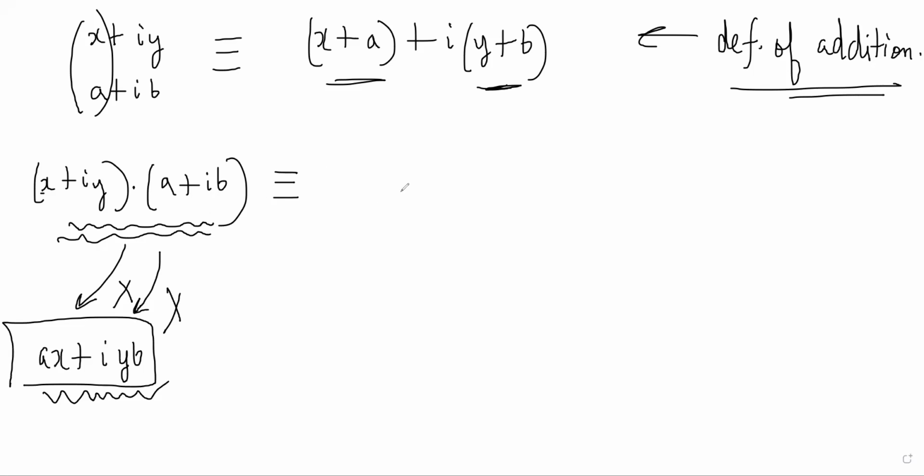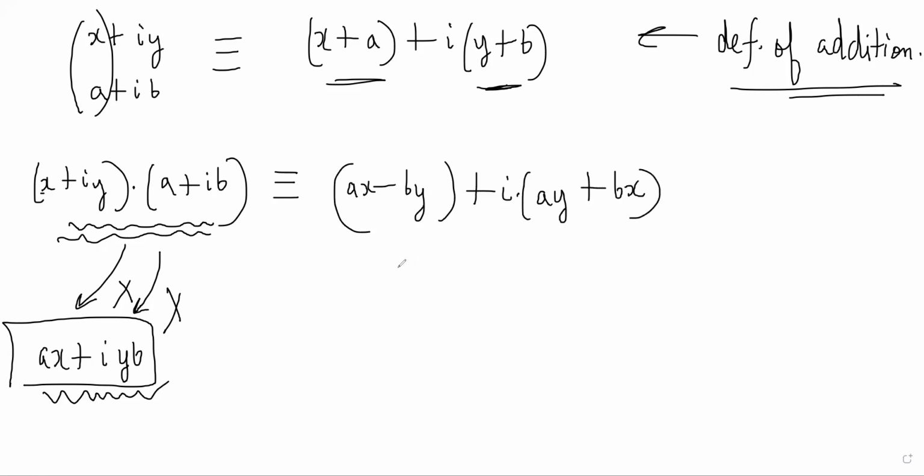So actually the way it is defined is ax minus by plus i times ay plus bx, right? This is the multiplication of two complex numbers. It looks weird if you write it like this. Why would somebody think of defining it like this? This seems much simpler. But people have decided to define it like this.